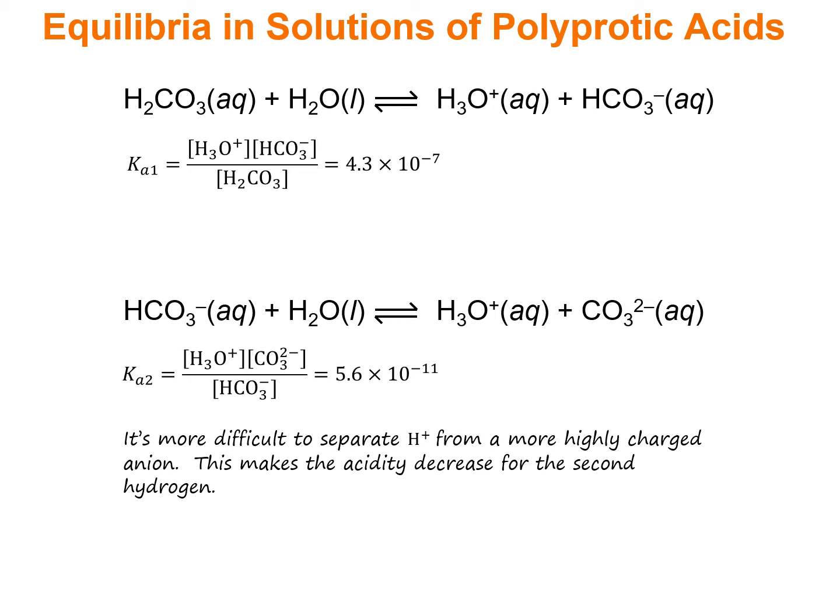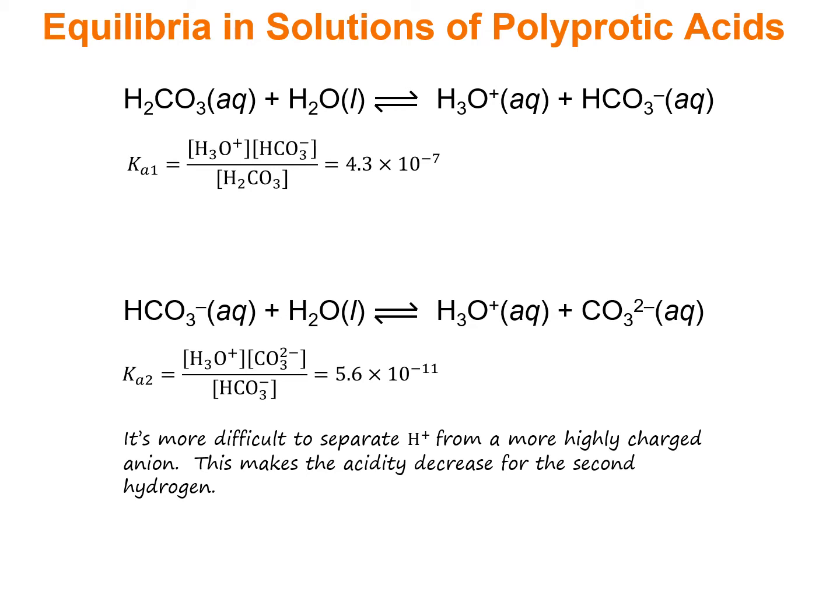When we go to the next step and take that proton away from HCO3 minus, the bicarbonate, it leaves a 2 minus charge on that CO3 2 minus molecule. The attraction is obviously going to be greater when that plus charge is being ripped away from a 2 minus charge. That's always going to be the trend with polyprotic acids.